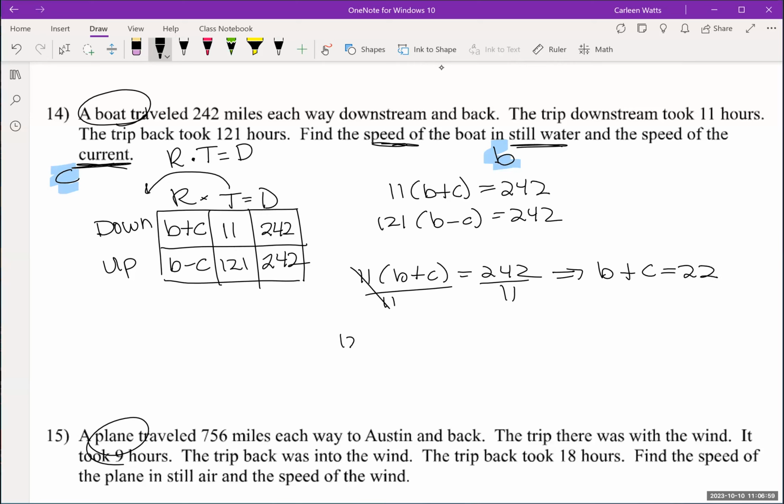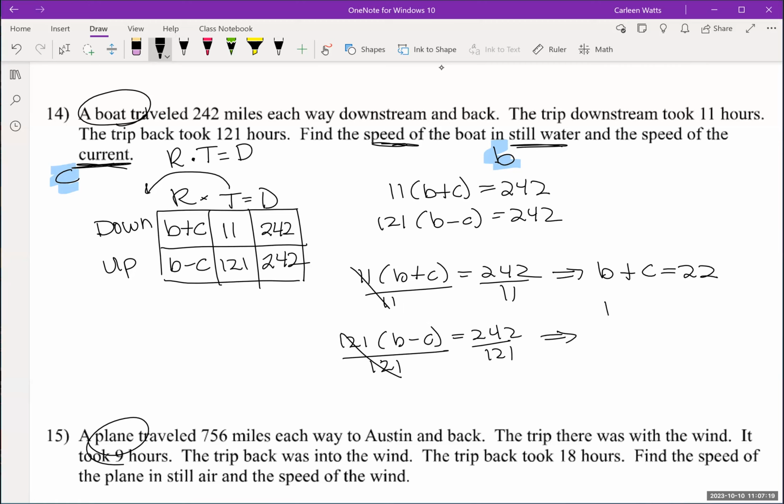Okay, I'm going to take 121(B minus C) equals 242. I can do this one in my head. Before distributing, I'm going to cancel the 121. I'm actually canceling from both because it would have been distributed to both.